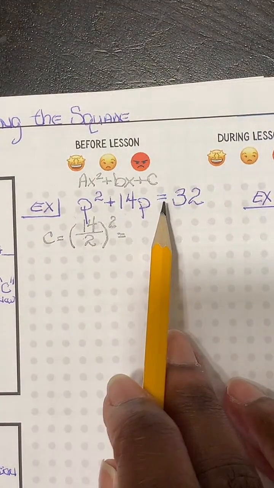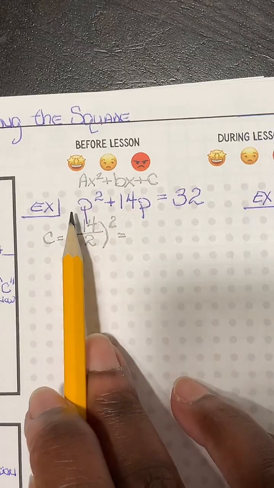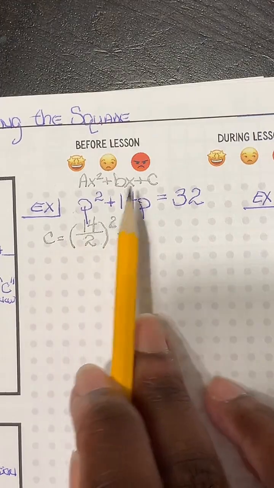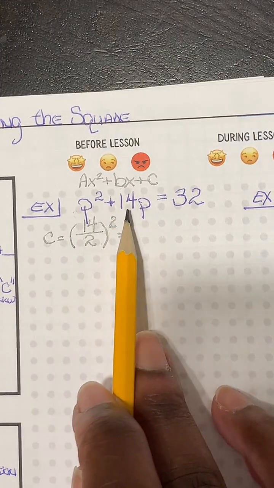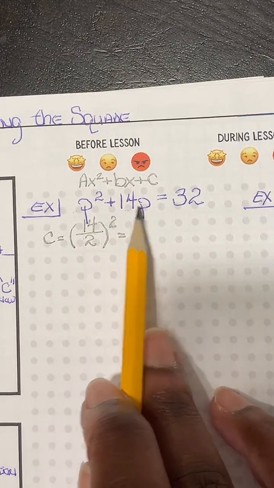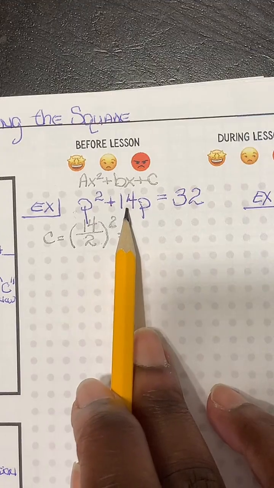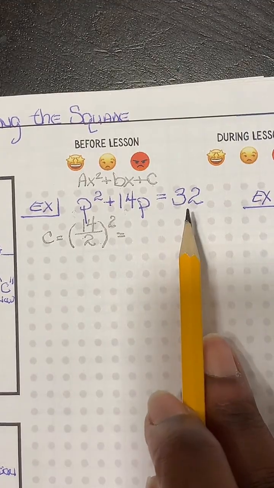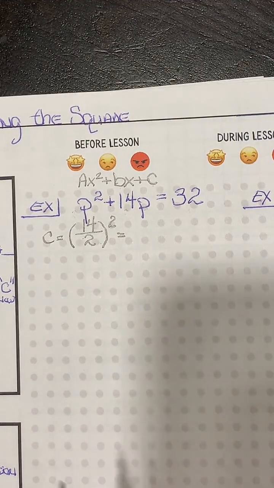This is in standard form. Your a value is the coefficient that's in front of the x squared. The b is the number that's in front of your p in this case, which will be 14. And the c is my constant, which originally I have over to the side.